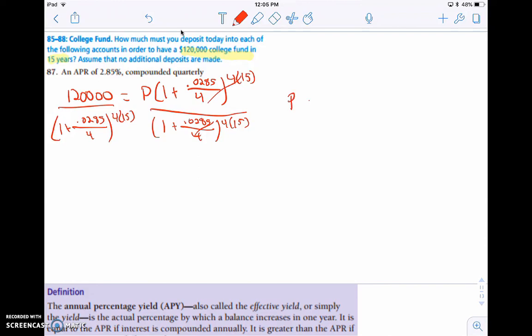And eventually here you'll get that the principal, or the amount you should invest today, would be $78,375.20. Okay, that would be the amount you need to be investing today to have $120,000 in 15 years compounded quarterly. Okay, so again, this is when we're compounding quarterly.